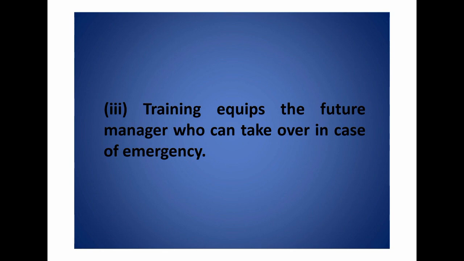So sometimes in case of emergency there are chances that one person, that is the other person, has to take the role of a manager. Okay, so when an employee in the organization is trained properly, it equips the future manager who can take over in case of emergency. So when an emergency comes, it is easy for another person to do the manager's work. Why? Because he is trained for that particular job. It becomes easy for him to do their work.